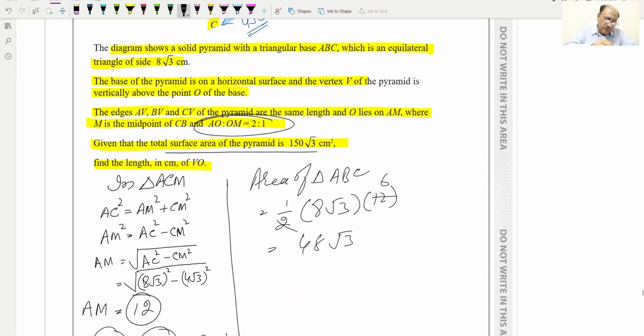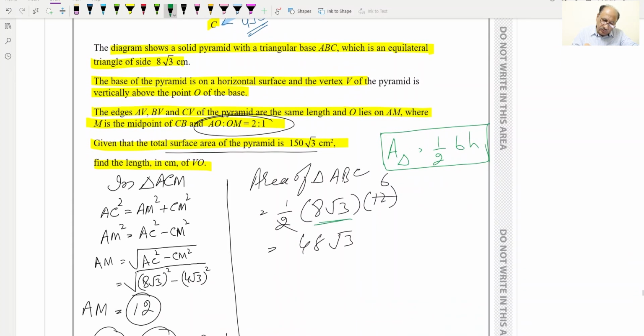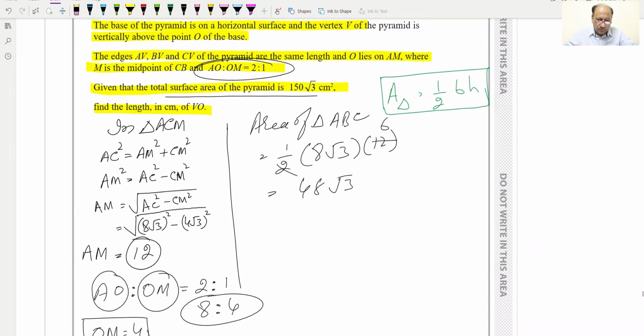If you want, I will write here area of triangle is equal to 1 by 2 into base into height. This is the formula which we have applied, and the base is this one and the height is this one, and this is how we reach the area of the triangle. This is not the answer, we are still doing the question. So surface area is required.